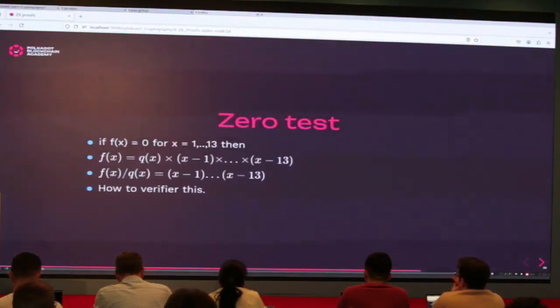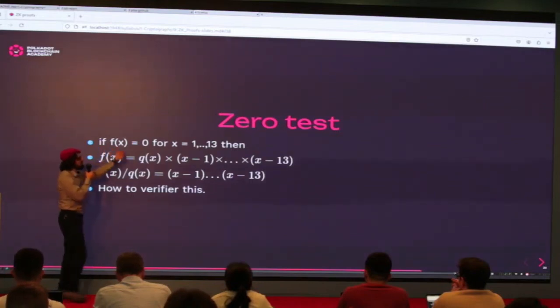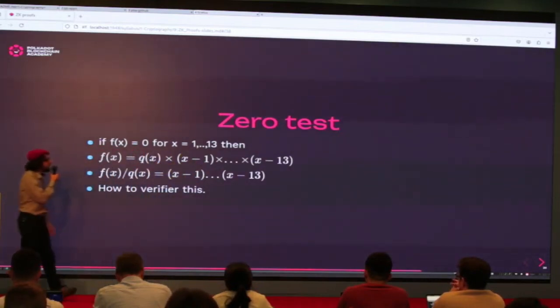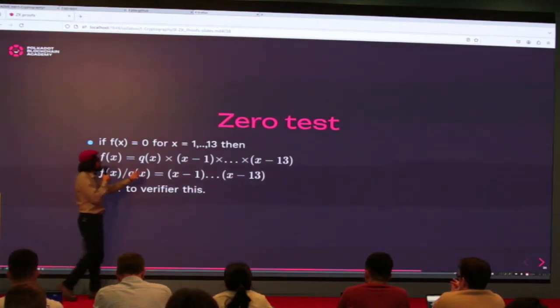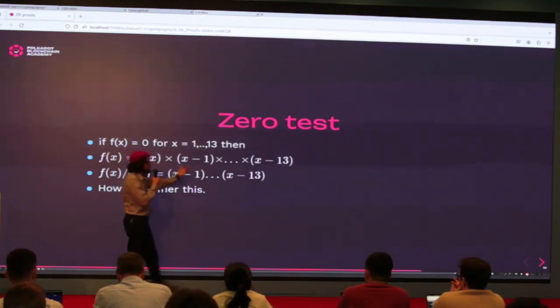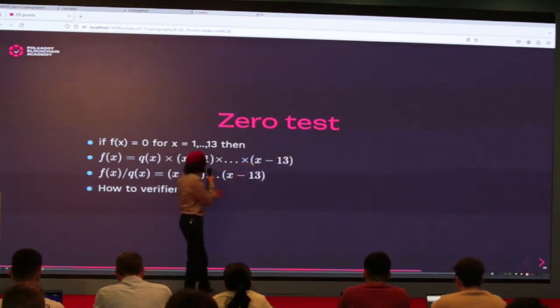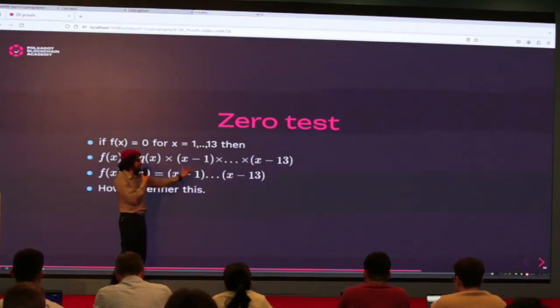So how are we going to do a zero test? The prover says, I have a polynomial which is 0 at 1 till 13, meaning that the relationship holds. So that means this polynomial should be able to be written as a multiple of the polynomial (x minus 1) till (x minus 13). If a polynomial has 0 at 1, then it should be divisible by x minus 1.